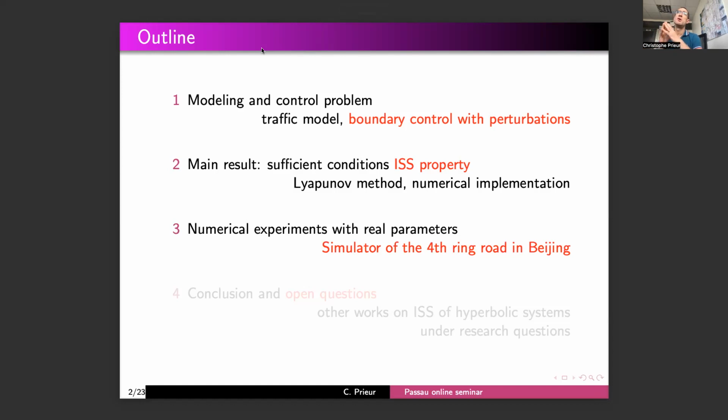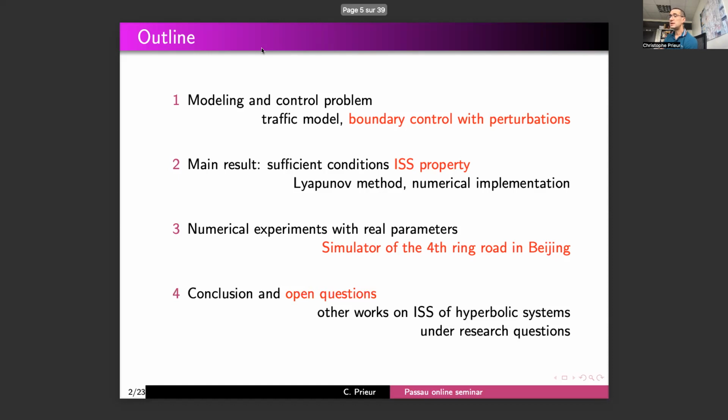It will be a complete simulator of one of the ring roads in Beijing. This part has been done in collaboration with Li Guozhang and his team at Beijing University of Technology. And then I will conclude with some open questions. And you will see that the open questions are more numerous than the closed questions.